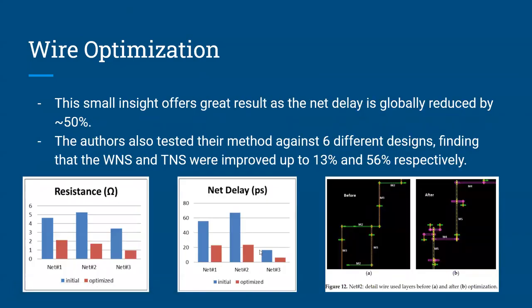The small insight, however, offers great results as the net delay is globally reduced by 50%. The author also tested their method against 6 different designs, finding that the worst negative slack and the TNS were improved by up to 13% and 56% respectively.